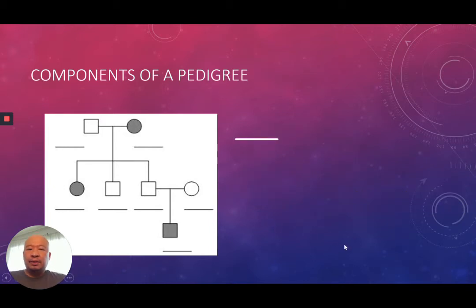Now let's look at the lines. The horizontal lines, and I'm talking about these ones over here between the shapes, not the little lines down here that just represent a blank. If we're looking at a line between two shapes, that is called a marriage line. Traditionally it's called a marriage line. In modern times we just call it a mating line, because you don't necessarily need to be married in order to have offspring.